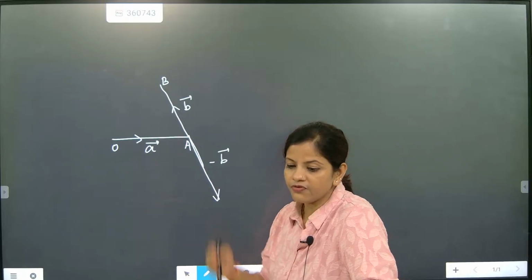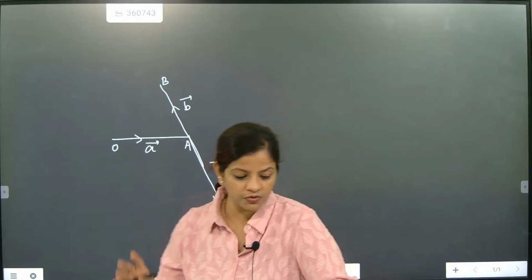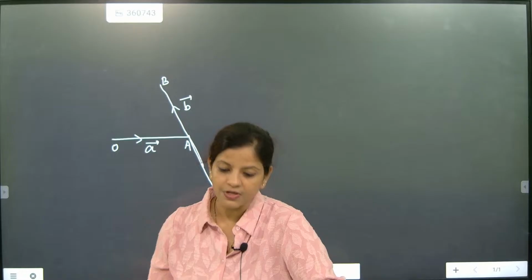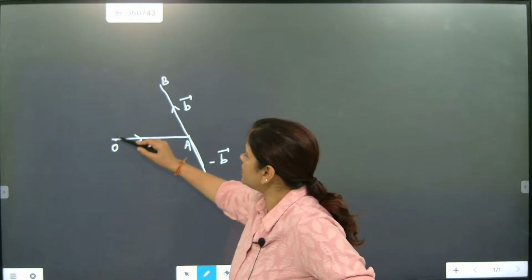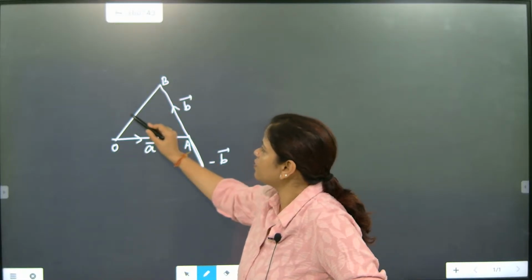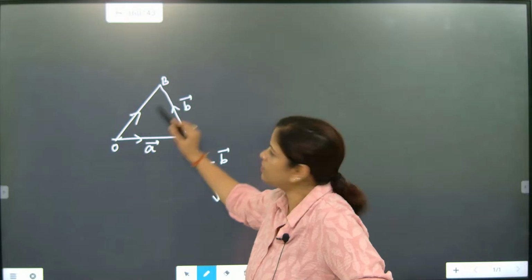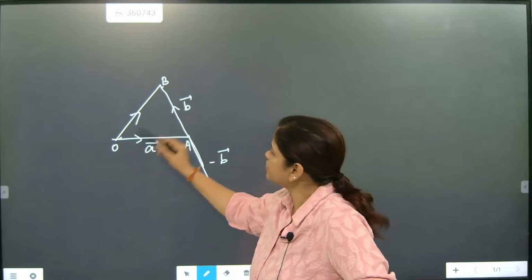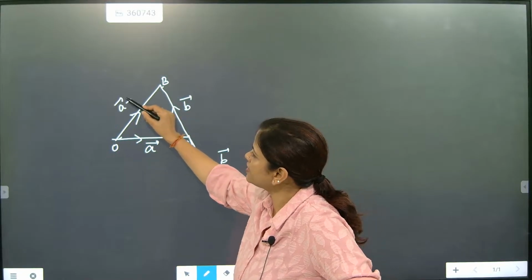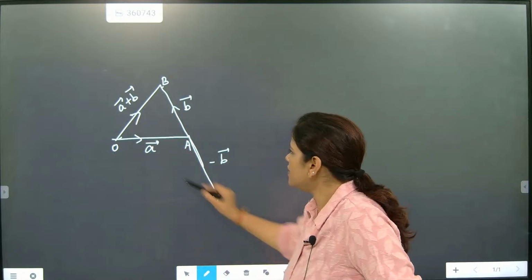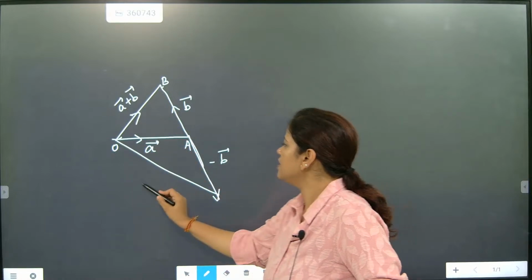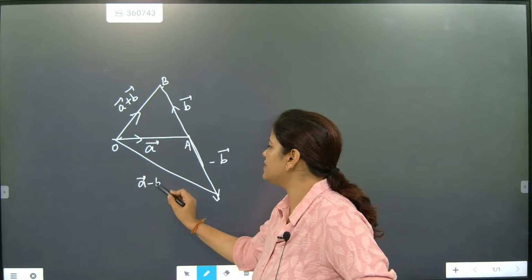For the negative of a vector, magnitude wise you will check that the magnitude will be the same. So here, if the resultant is coming, can you understand? This arrow, see, one initial and one co-terminal, understood? So this part will become A vector plus B vector. Now if you add this one, it will become A vector minus B vector.